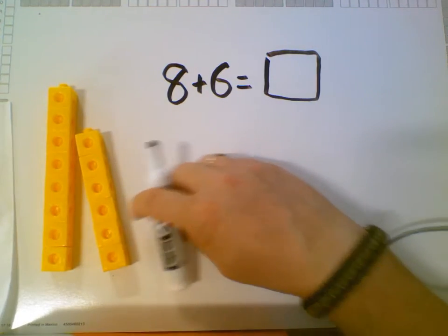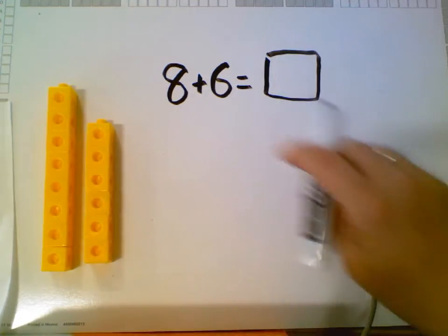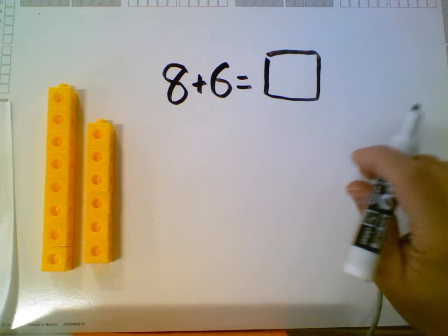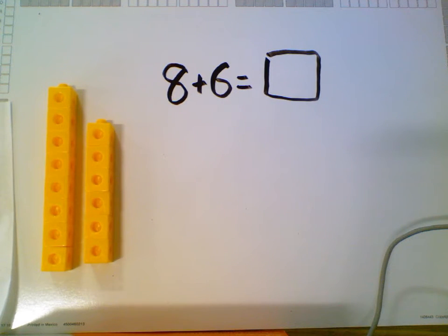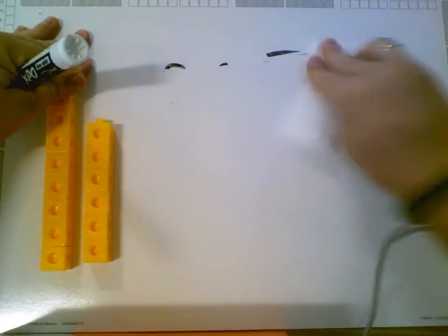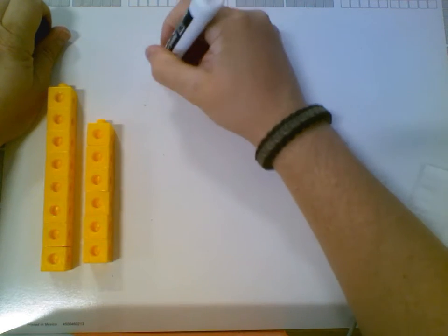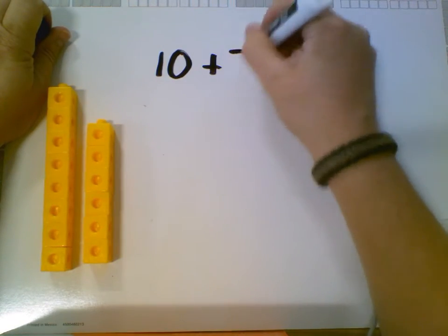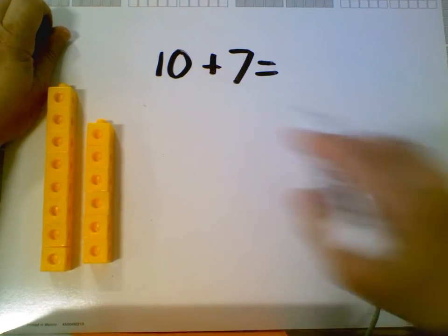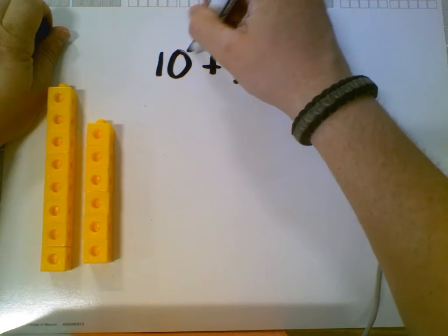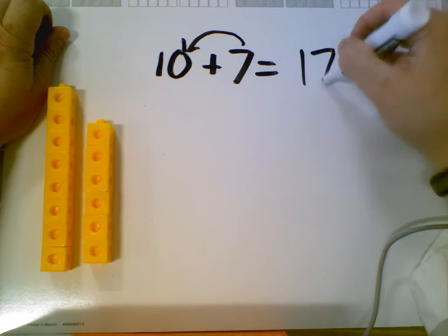I'm going to tell you a new strategy today, and that's called the make a 10 strategy. The idea behind this strategy is it's easy to add things to 10. If I was adding 10 plus 7, I know that this 7 just goes over the top of the 0 to make 17.